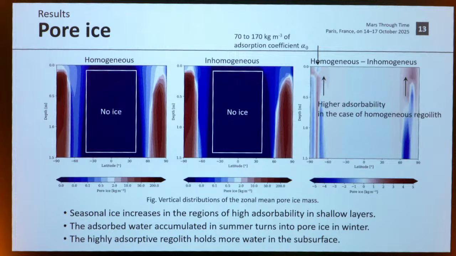In the high latitudes, the adsorbed water accumulated in summer turns into pore ice in winter. So the highly adsorbing regolith holds more water in the subsurface, and the state is changeable between adsorbed water and pore ice.